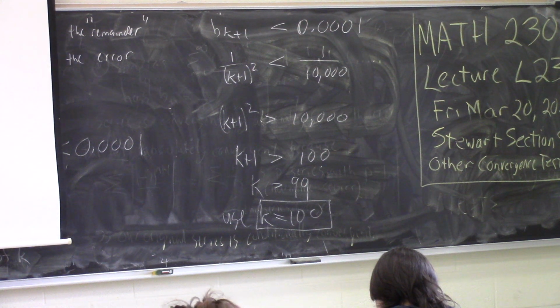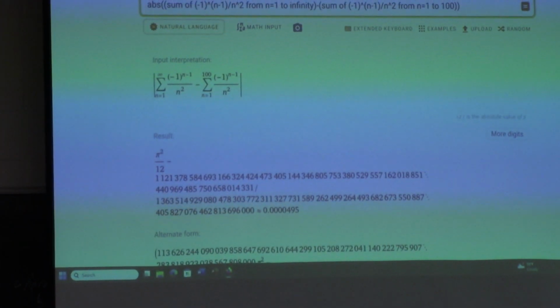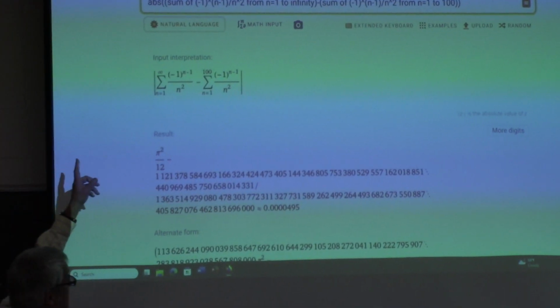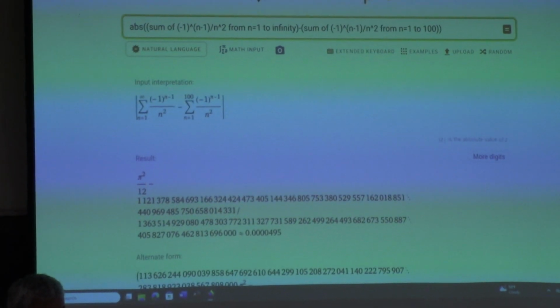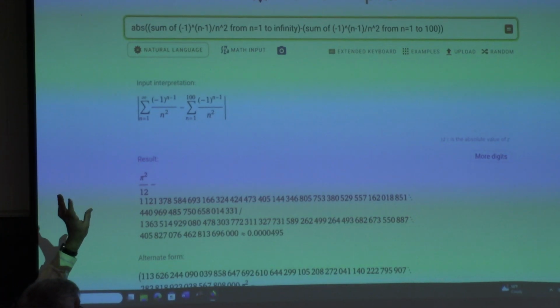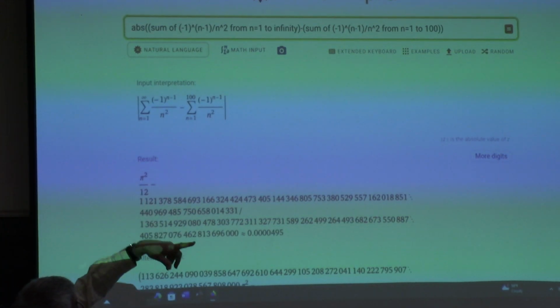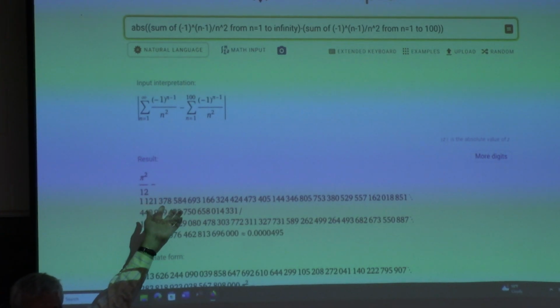Well, let's have a look. Let's have Wolfram do this. Do you guys use Wolfram Alpha? You can just type stuff in, and the cool thing about Wolfram is that it will tell you what it thinks you asked for.